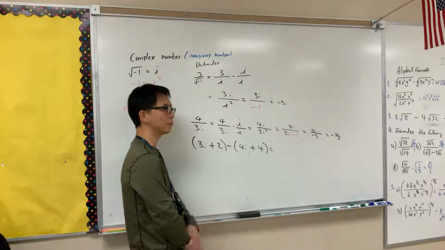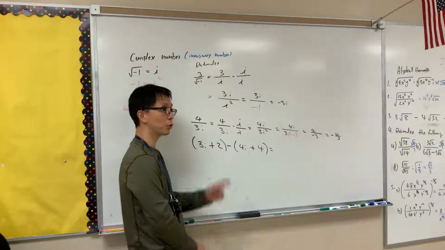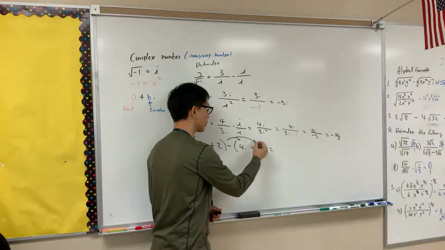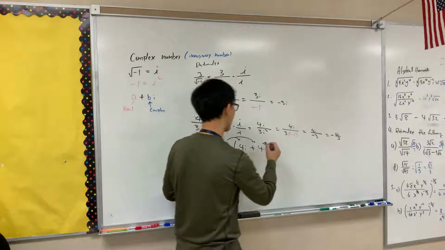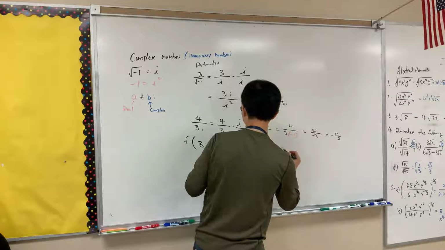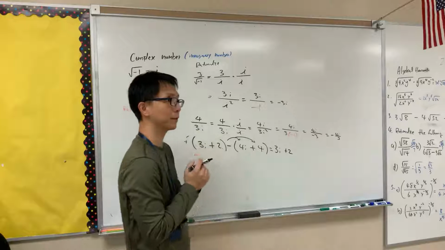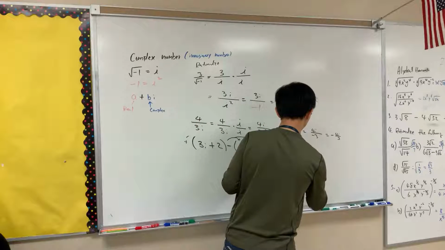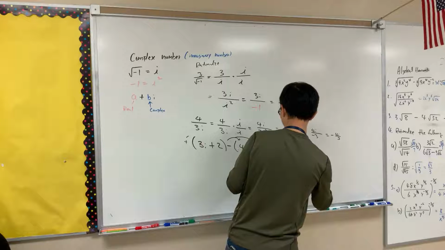What do you do with a parenthesis? Distribute, good. Good job, AJ. There's a positive sign here that's going to distribute, so that's going to go away, so that's going to give you 3i plus 2. Minus 4i, minus 4.